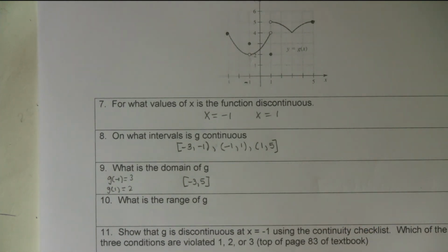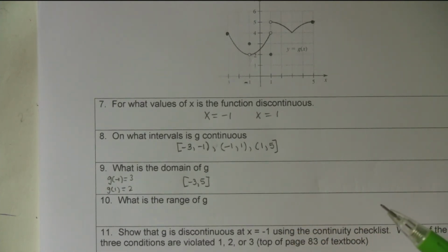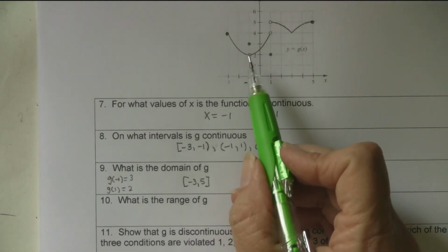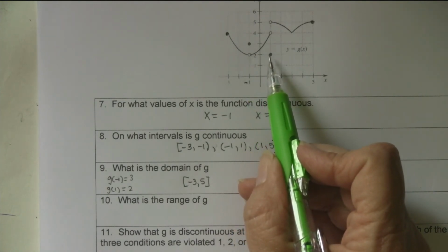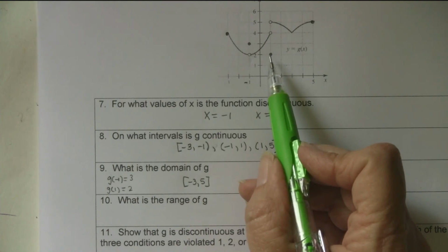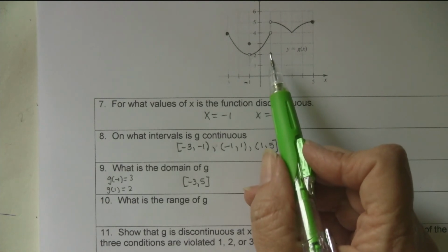And then what's the range? The range is looking at, well, is everything taken into consideration? I'm looking here, the lowest here is 2, and it's open, but 2 is filled in right there. So if I told you that y was 2, you could tell me what x is. X is 1, right? So 2 is part of the range.